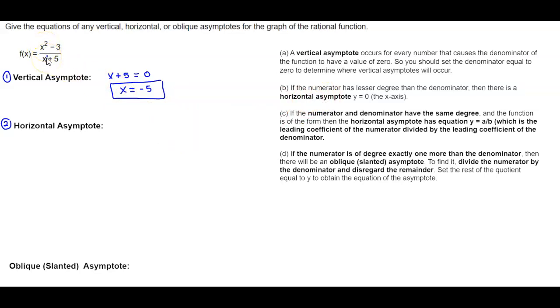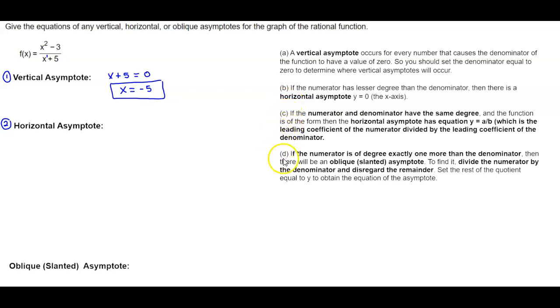Then it says if the numerator and denominator have the same degree, then the horizontal asymptote has the equation y equals a divided by b. But the degrees are not the same, so we have to rule out B and C.